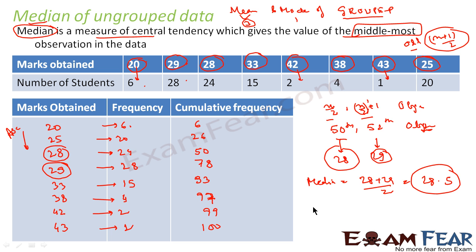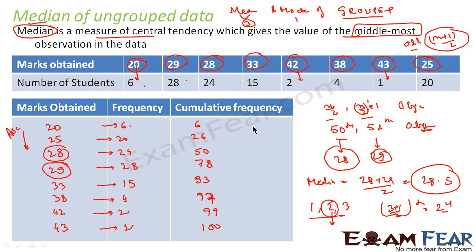For example, 1, 2, 3, three numbers. For this I have to find median. The number of observations is odd, that is 3, so I'll take 3 plus 1 by 2, that is the second value. The second value is 2. This will be my median.